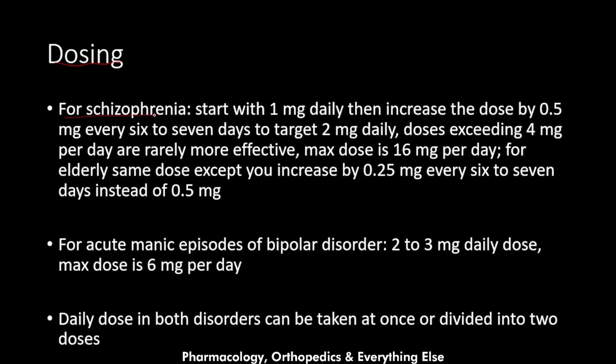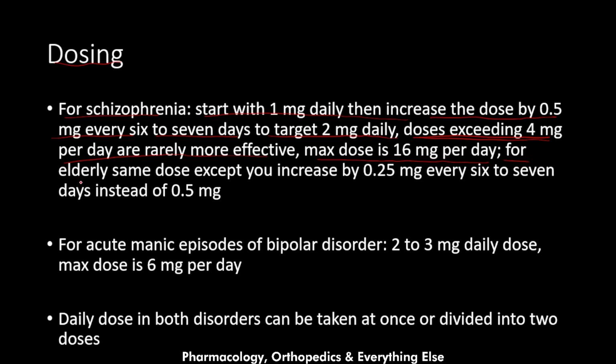So for schizophrenia, start with 1 milligram daily, then increase the dose by 0.5 milligrams every 6 to 7 days to target 2 milligrams daily. Doses exceeding 4 milligrams per day are rarely more effective, and max dose is 6 milligrams per day.